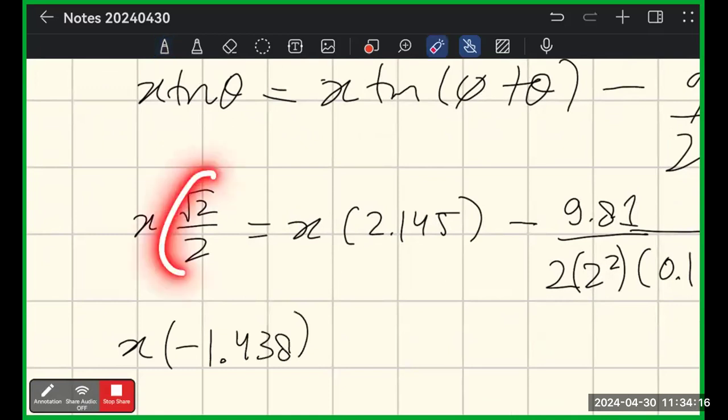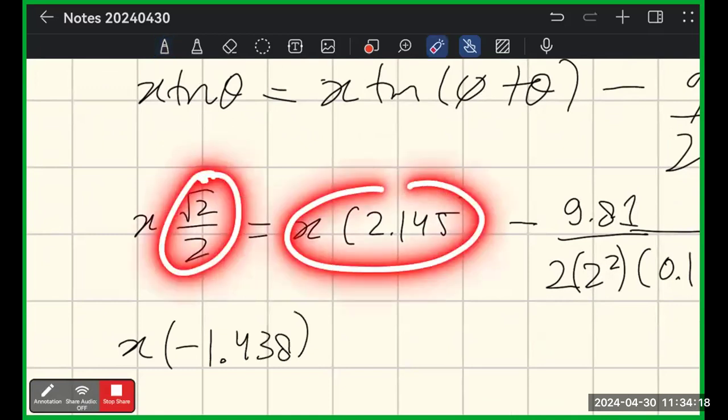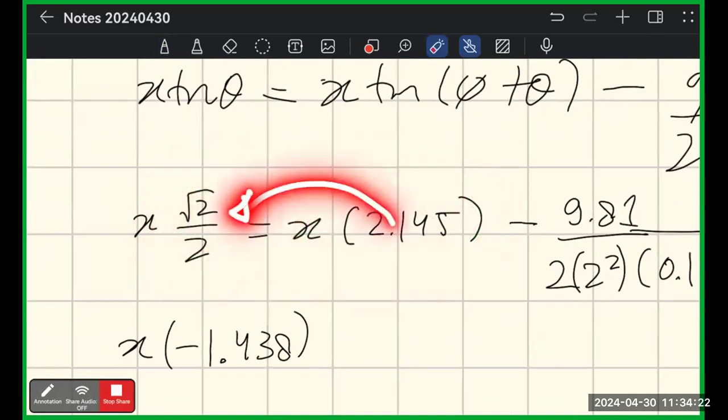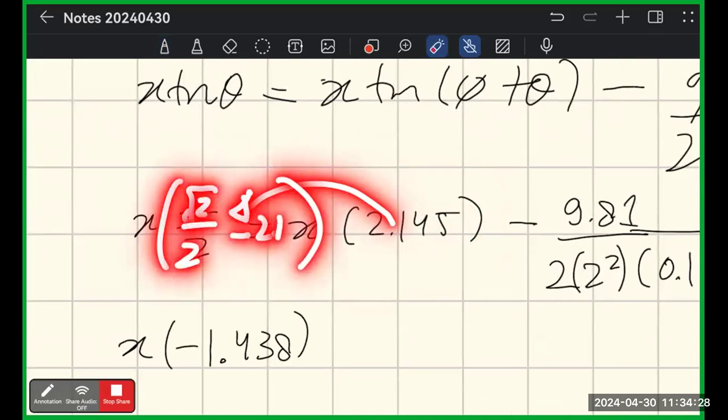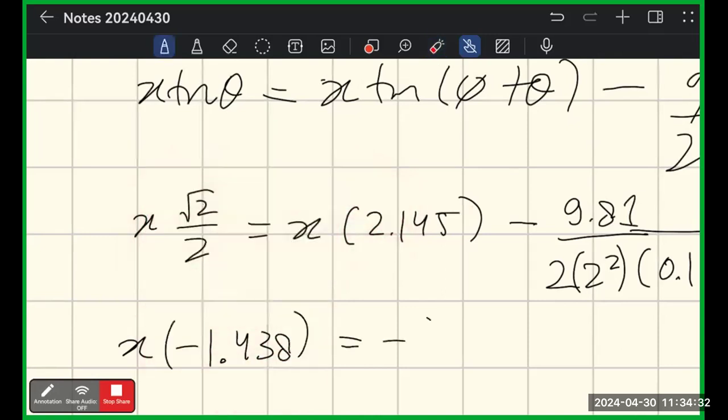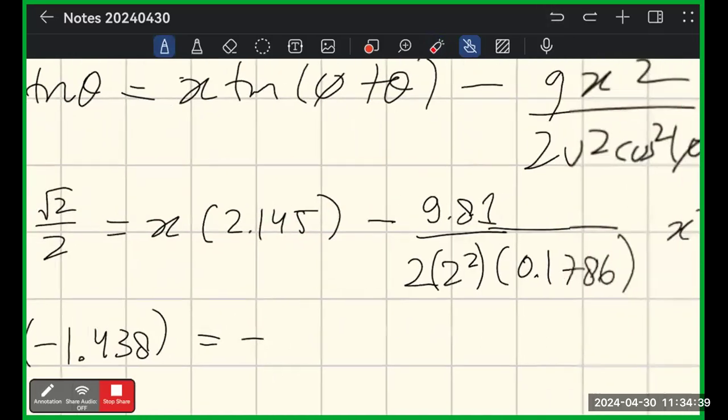Because if we move this into the left side, it's just x times the root 2 over 2 minus 2.145, which is this one, equals minus over 8. We'll just try to find this number first.